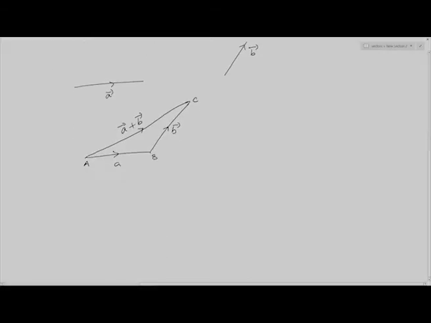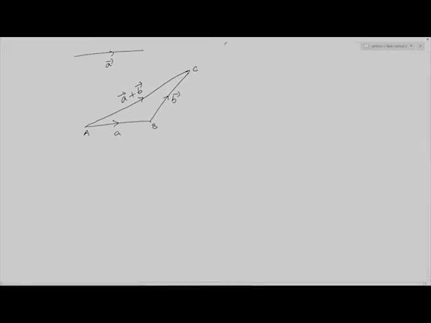Let me just repeat it. If I have the vector A and the vector B, then this is A plus B, as we have seen. If I complete the parallelogram, this line is parallel to the vector B, and this line is parallel to the vector A. I complete this, and then take the diagonals.